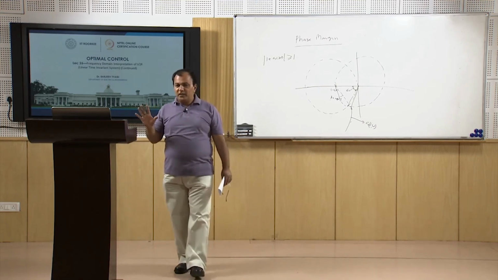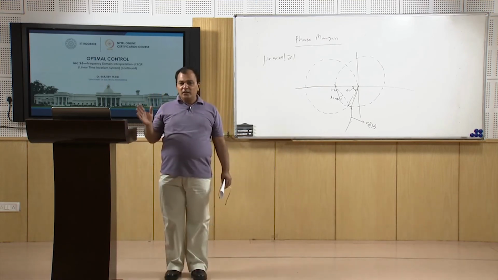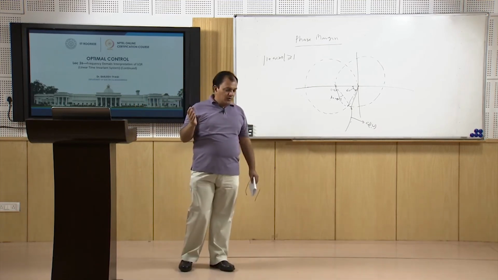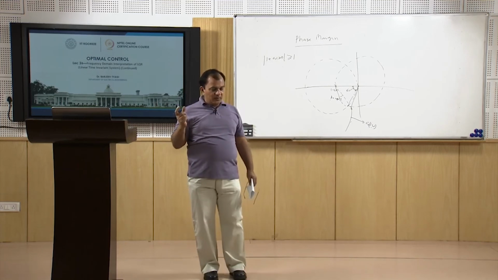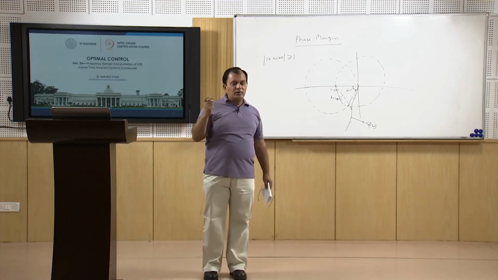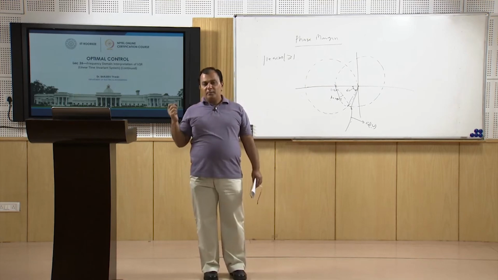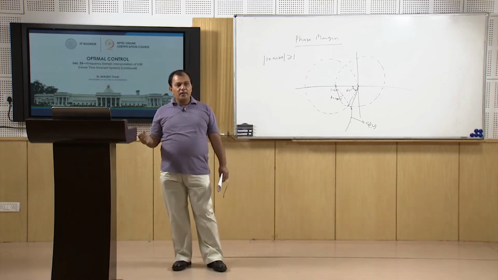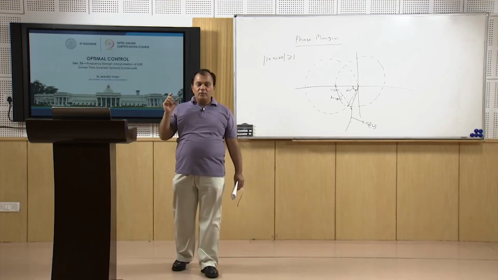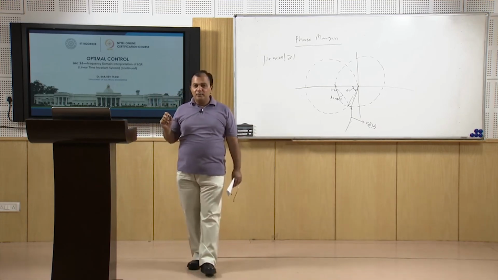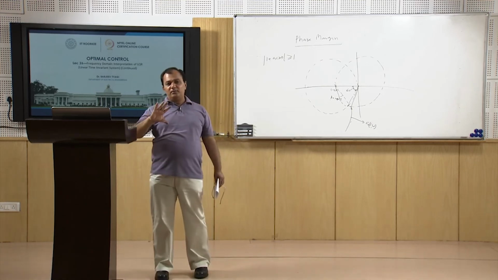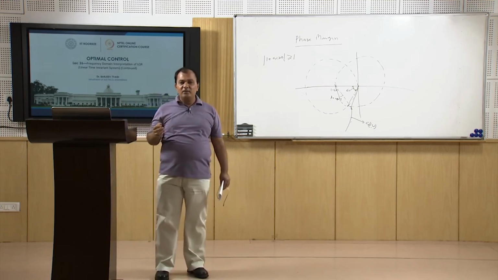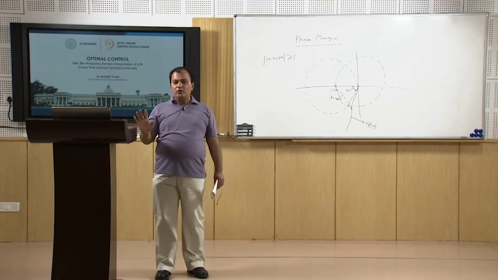So, with this I stop my discussion on frequency response of an LQR system, by which we have seen that we can find out the gain margin and the phase margin of an optimal state feedback control system, which gives me the gain margin as between half to infinity and the minimum phase margin is 60 degrees. So, we stop here.